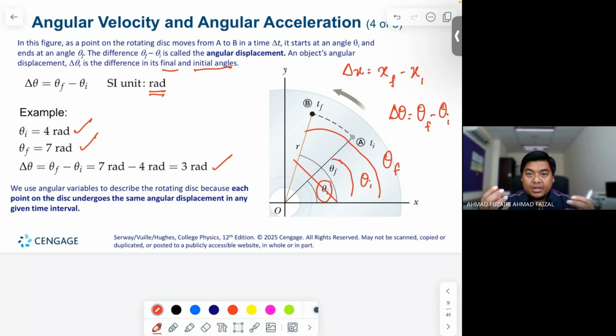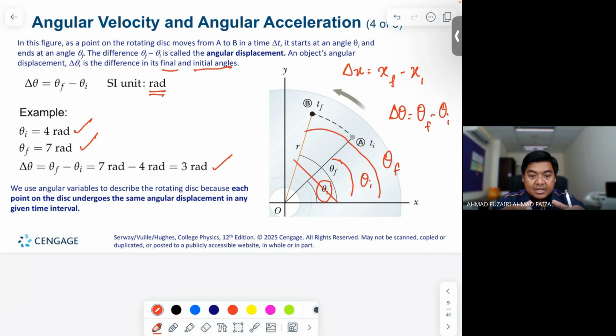When we have a lot of people going on a swing in a theme park, when somebody moves at a certain angular speed or angular displacement, not every point on the swing will move. But when you use a compact disc or CD, when one point moves, every point on the CD moves, because the CD is a rigid thing.